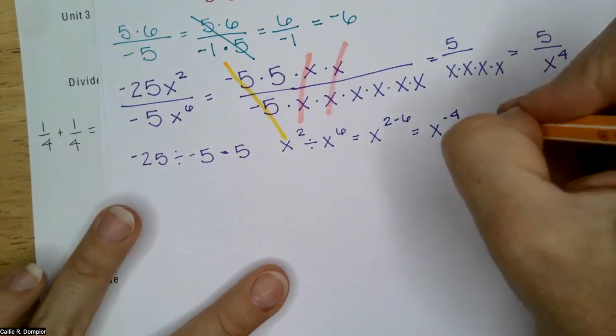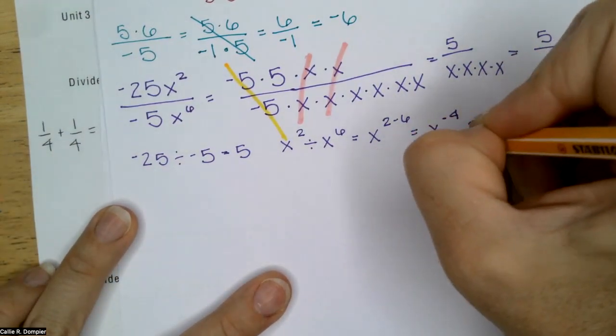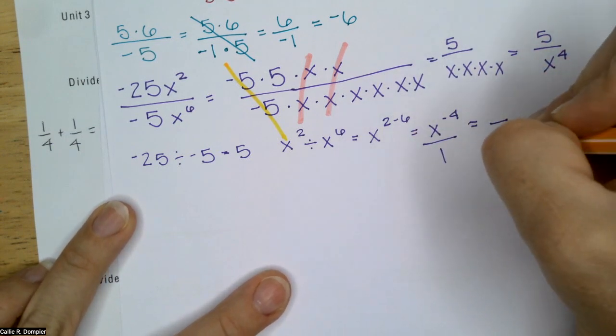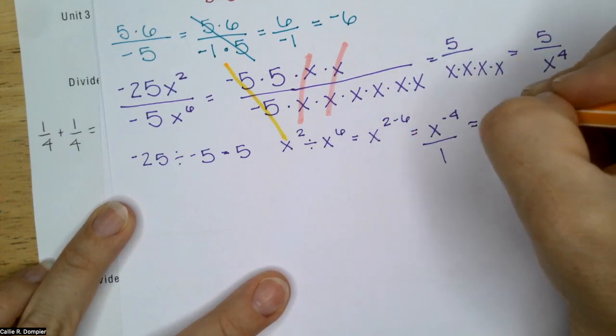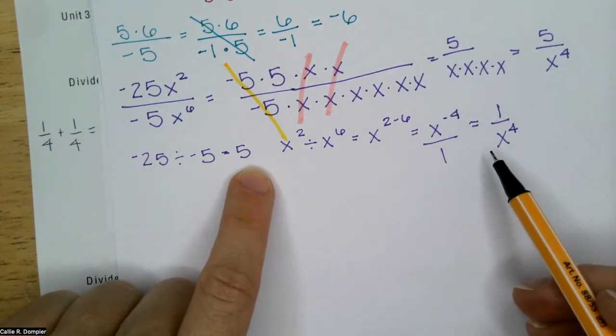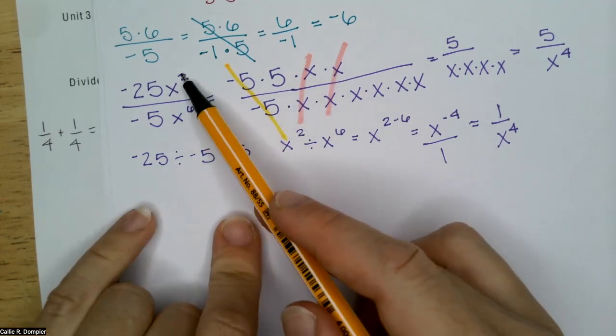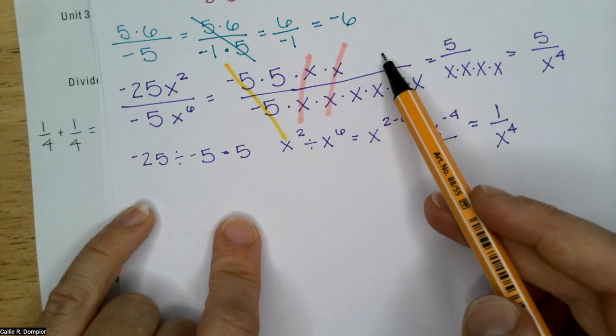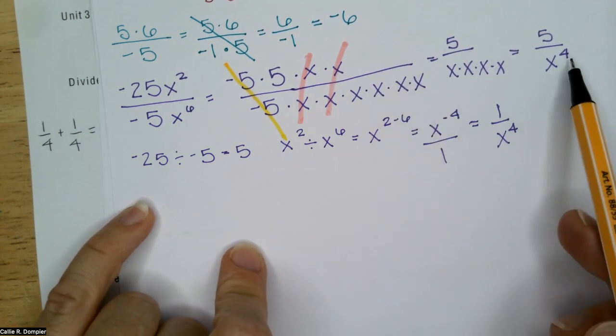And x to the negative 4th now needs to be a positive. So we move it from the numerator to the denominator, the base, and the exponent becomes positive. So negative 25 divided by negative 5 is 5. And then when you're subtracting 2 minus 6, you get a negative 4. The negative 4 is up here, but then you move it down here to make it a positive 4.